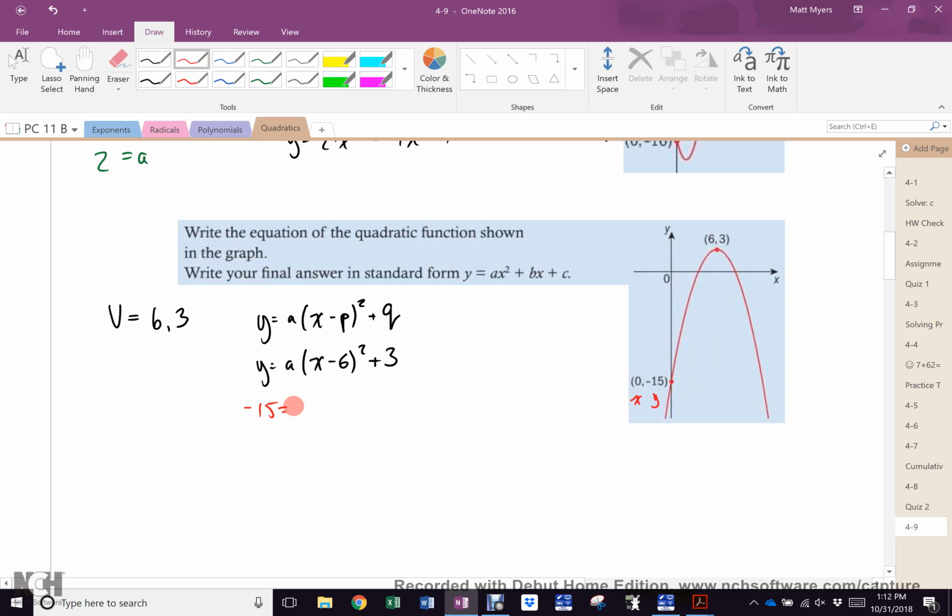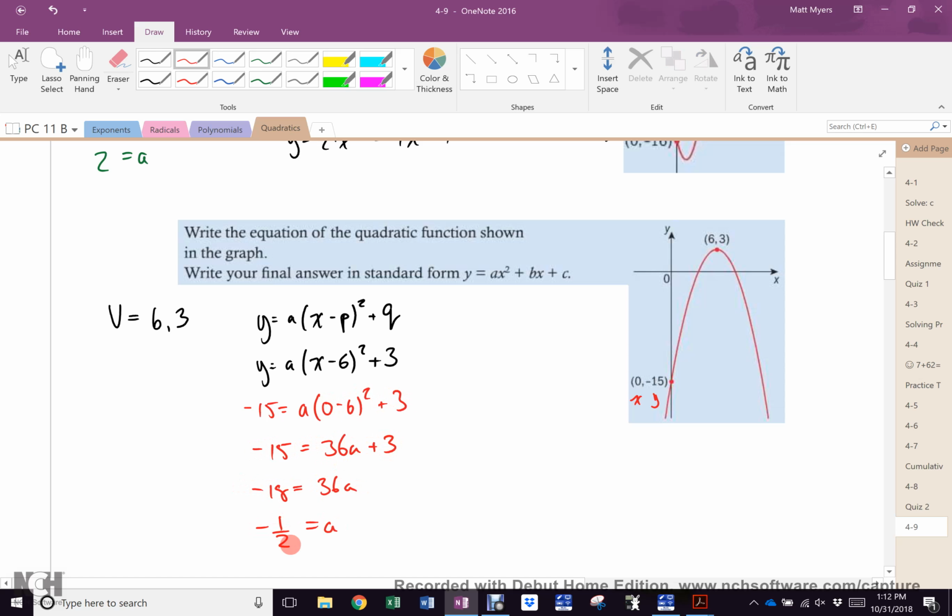Minus 15. A. What can I write instead of x? 0 minus 6 squared plus 3. -15 equals 36a plus 3. Right? Minus 18 equals 36a. A equals -1/2.